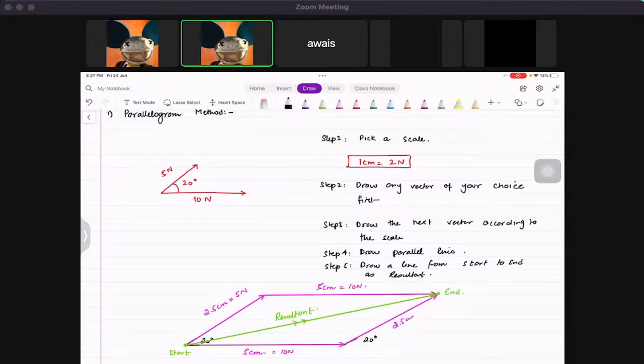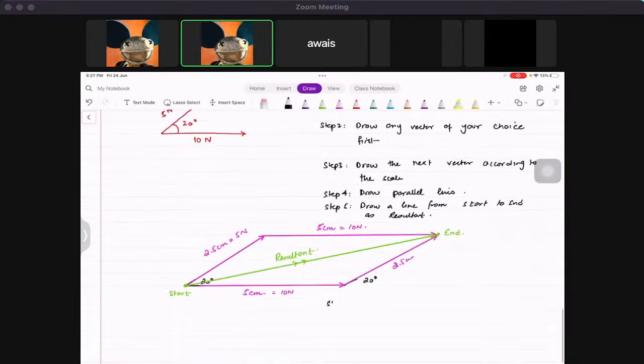Now step 6 is measure the line using your ruler and convert back to scale, right?